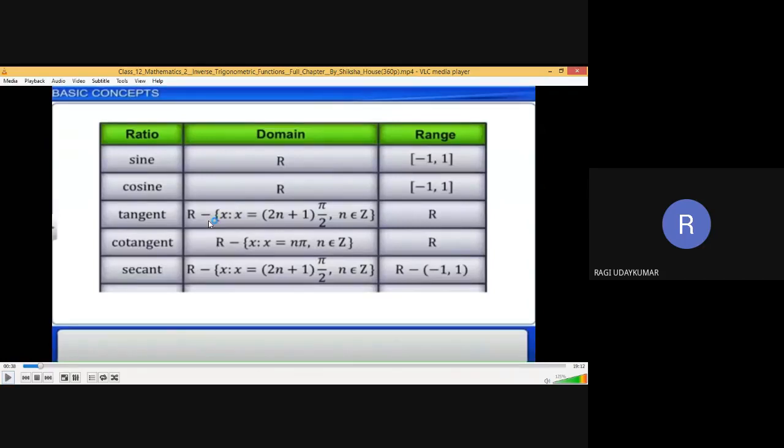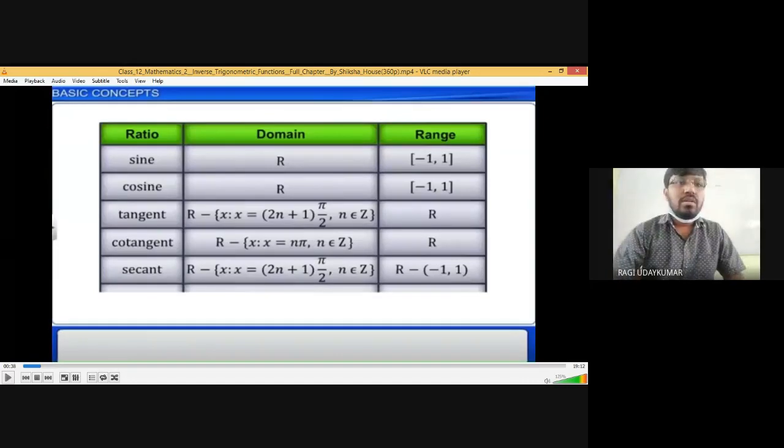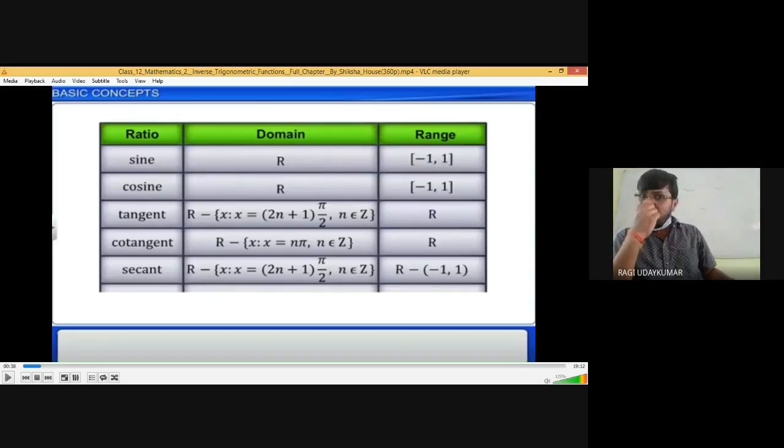R minus the odd multiples of pi by 2. Odd multiples of pi by 2 are numbers in the form of pi by 2, 3 pi by 2, 5 pi by 2; except those numbers, the remaining are in the domain, because at those places the tan value is undefined. What is the tan pi by 2 value?